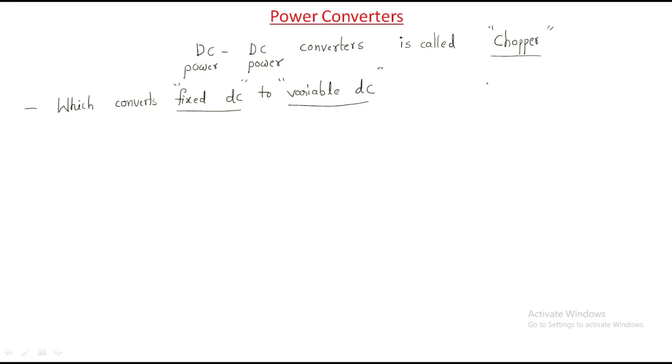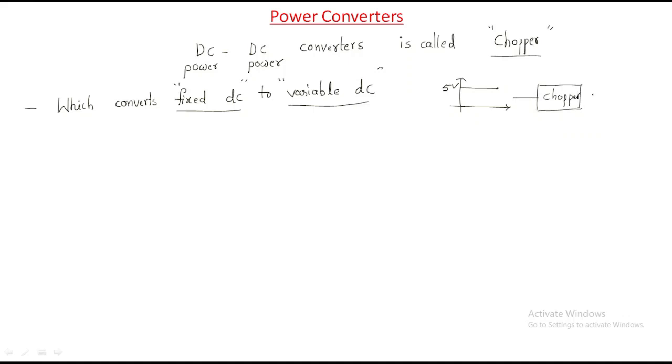For example, we have a DC voltage of 5 volts. This 5 volts DC voltage is applied to the chopper.